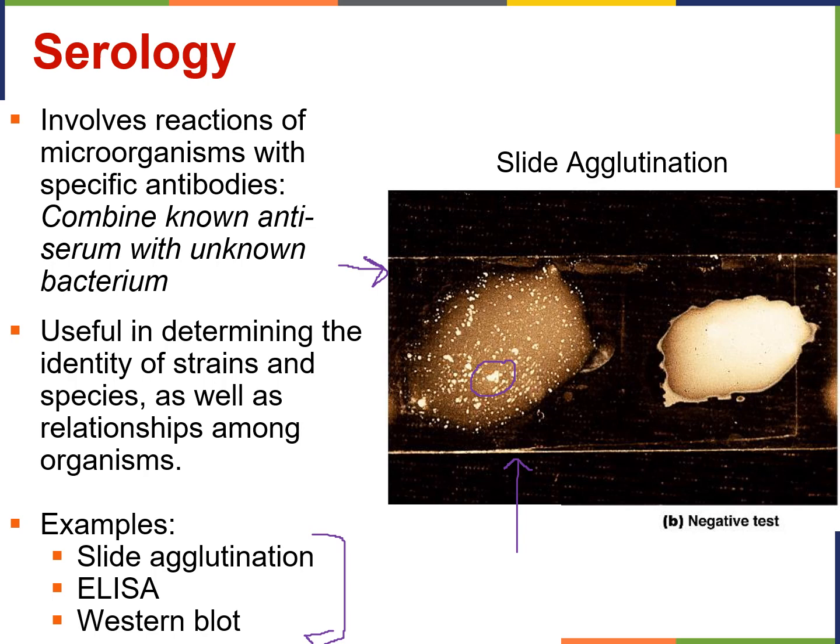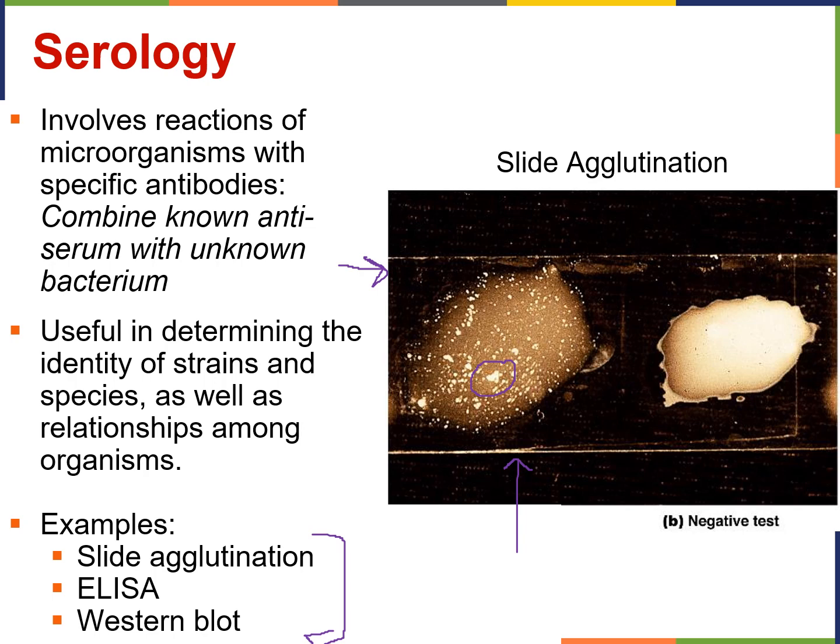So if you're testing your patient for E. coli and their test comes back looking like the picture on the left, then you can definitely say, yes, my patient has E. coli. However, if you look at the picture on the right, that's a negative test. If you were testing your patient for E. coli and you added the E. coli antibody to the sample and no clumping occurred, that is a negative test.